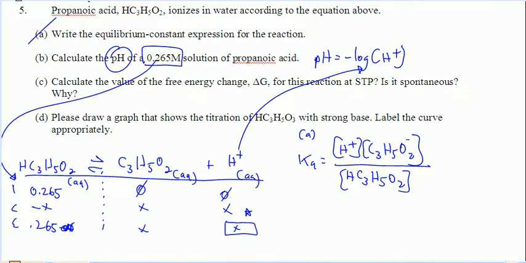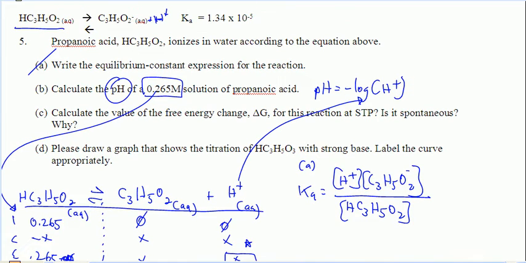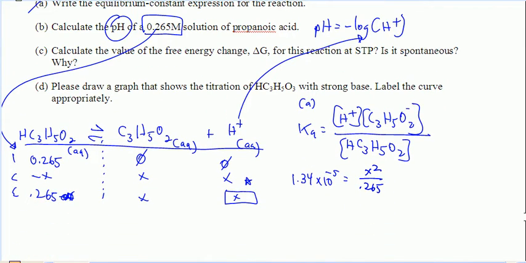Let's go up and see. I bet they gave me the Ka. They did. There it is. So 1.34 times 10 to the minus fifth is equal to x squared over 0.265. So x is going to be equal to the square root of 0.265 multiplied by 1.34 times 10 to the negative fifth.